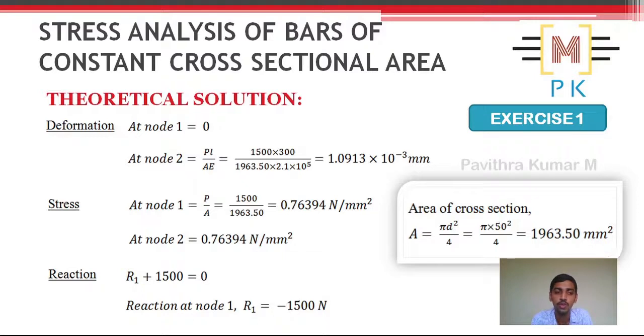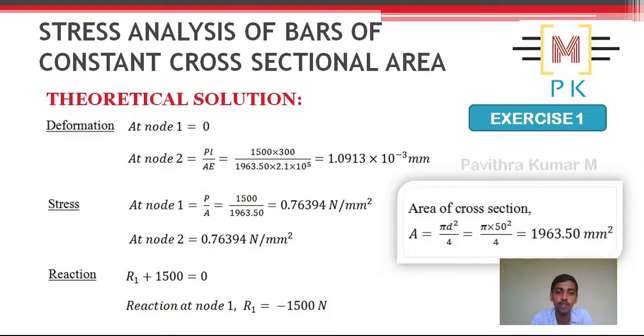We know that node 2 also belongs to the same element. Therefore, the value of stress is also same as node 1, and it becomes 0.76394 Newton per mm square at node 2 also.